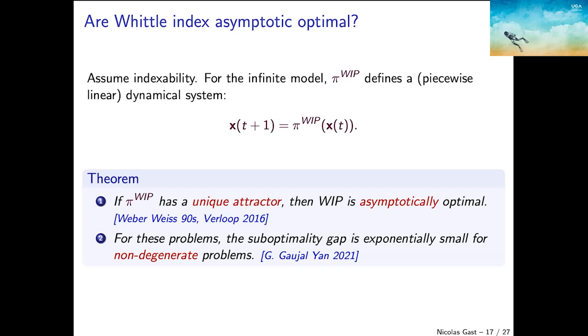For instance, it's 0.4. And what the Whittle index policy is saying is that you activate first people that are in state 1. And if you have some remaining budget, you will activate people in state 2. And if you have some remaining budget, you activate people in state 3.